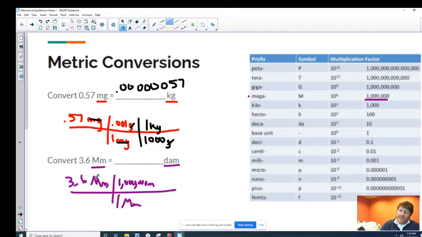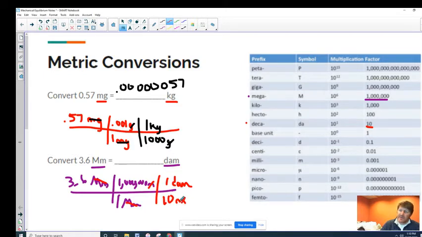Okay. The megameters will cancel out. My answer would be in meters, but I want it in decameters. So if I find deca, I see that it means 10. So 1 decameter is equal to 10 meters. I did meters on the bottom because meters is on the top here.